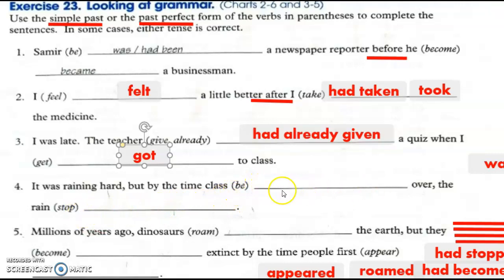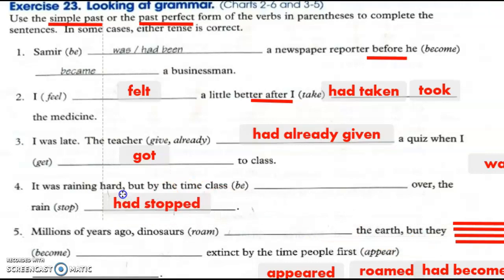The class was over or the rain stopped? Well, here actually the rain stopping was the oldest action. Oldest action means it should be in the past perfect, and the class was over would be in the simple past.